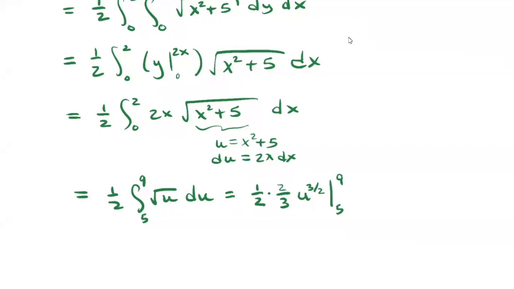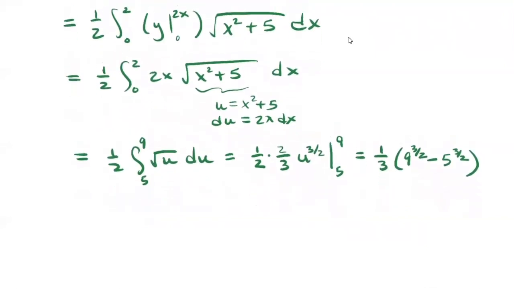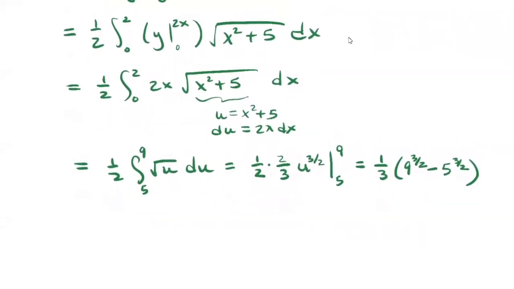So that's 1/3, and you're going to have 9 to the 3/2 minus 5 to the 3/2. And 3/2 is 1.5, so you could do 9 to the 1.5. So that's 9 times 3, 9 to the 1 plus 9 to the half. 9 times 3, I think that's 27.